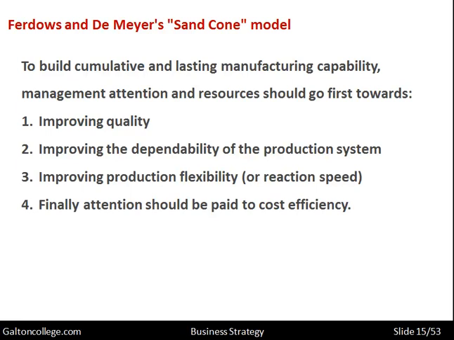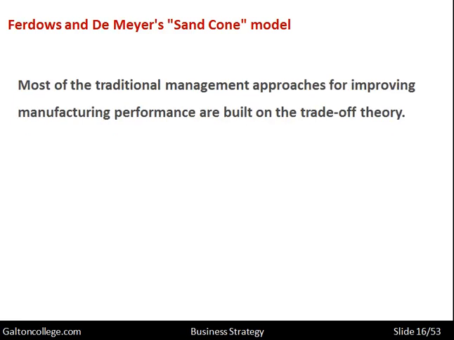But according to this view, these capabilities of the system are not equal. Quality is most important. Most of the traditional management approaches for improving manufacturing performance are built on the trade-off theory. So normally we look at the trade-off, we have more of one, we have less of the other, because we've got fixed resources.